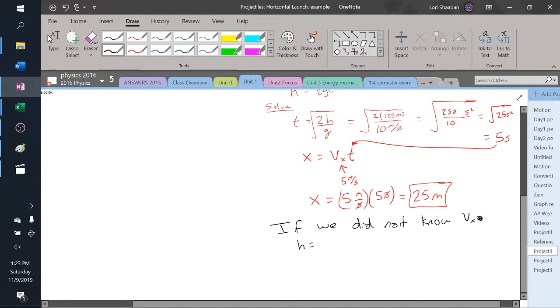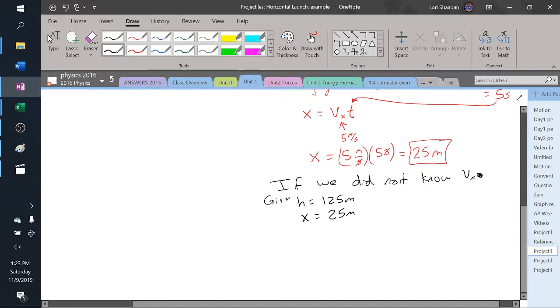Let's say the height was 125 meters, and we knew that the object went 25 meters. Let's say that was the given information. We could then find the initial velocity in the x direction. Now, we know what we're going to get is 5, but let's go ahead and take a look at it.